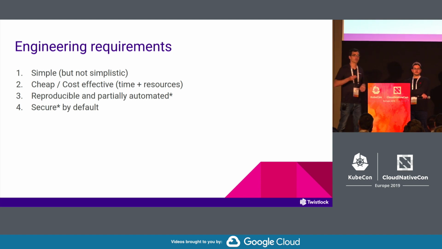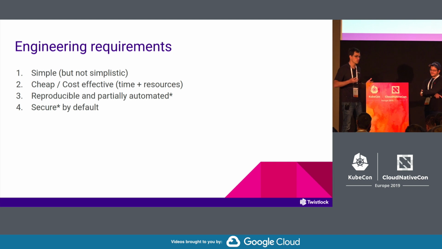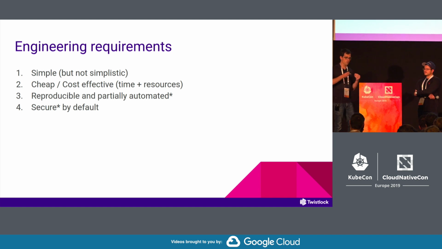And finally, you want a solution that is secure as much as possible by default. I put a big asterisk next to secure because technically, nothing is really secure. Everything is hackable with enough resources, but you need to think about how to use your cloud-native artifacts and solutions to build something that is as secure as possible.